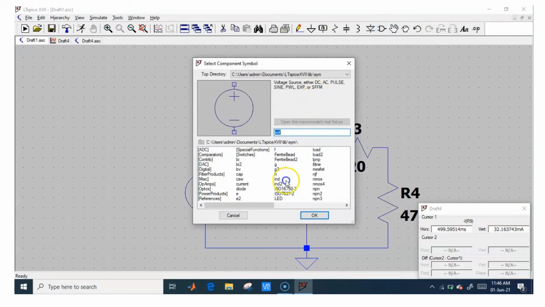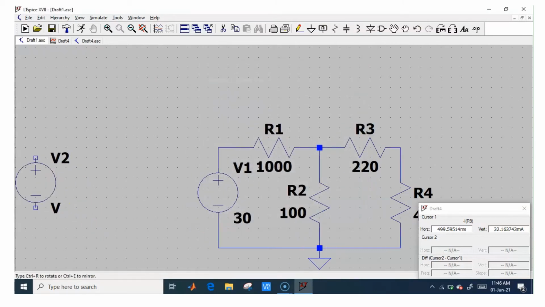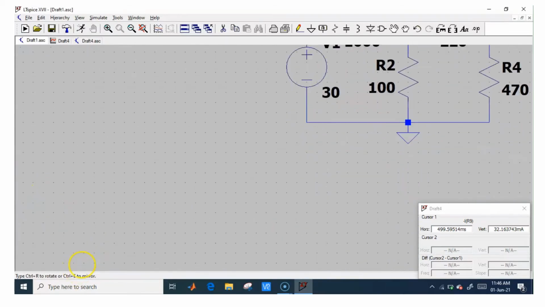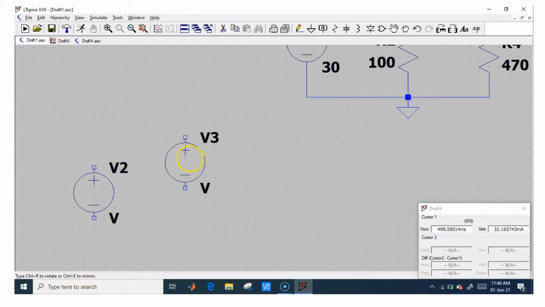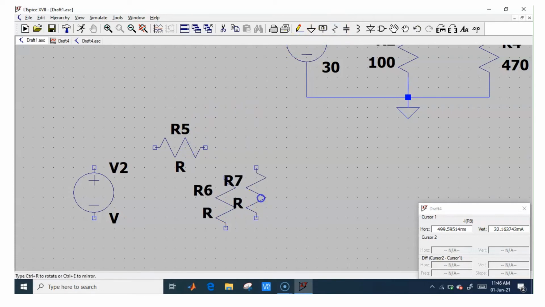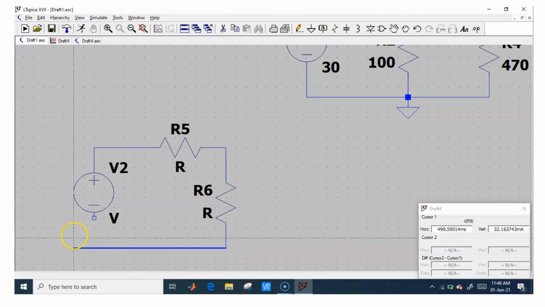We need a voltage source, an equivalent resistance, and the load resistance to form a Thevenin's theorem equivalent circuit. And the ground point is very important.